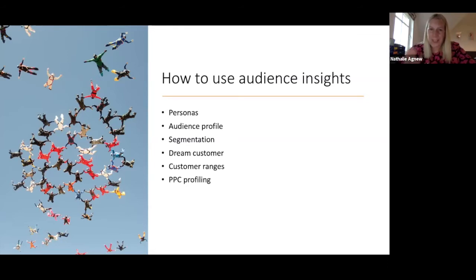So you could call her Sally and you could talk about all of the different things that Sally enjoys doing. You could talk about what papers she reads and what social networks she's on. You could talk about what she does at the weekend, who she lives with, and so on. And having that persona can be a really helpful thing, so that you can then start to target your marketing at somebody that you can almost picture in your head.